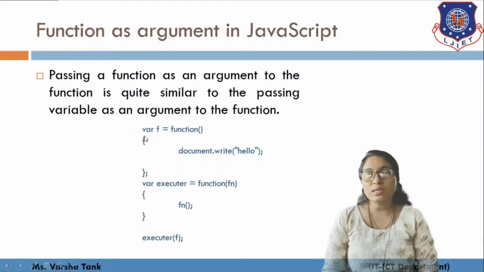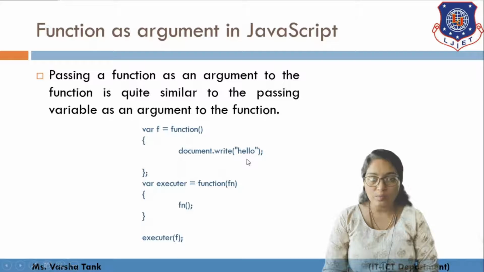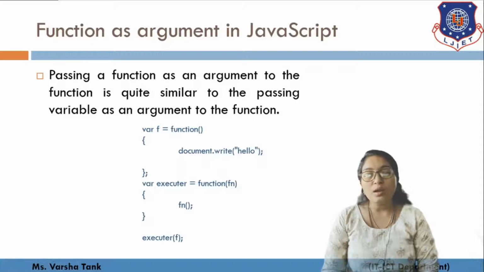Here you can see this is one variable f, for which I have defined one function in which I write document.write hello. Next I define another variable, the variable executor. Through this executor variable we are executing the function. It is equal to function fn.